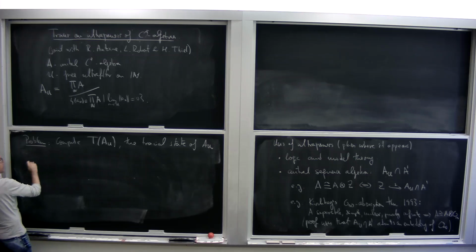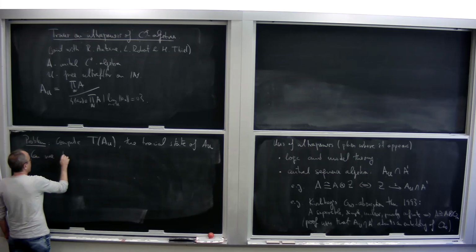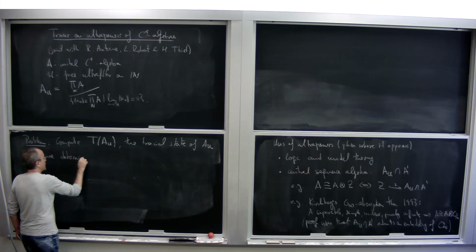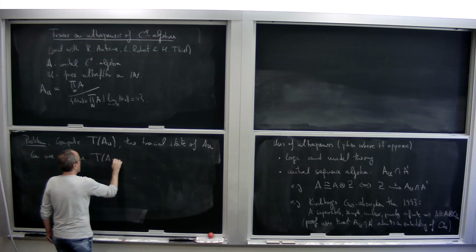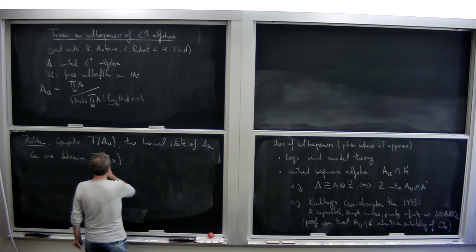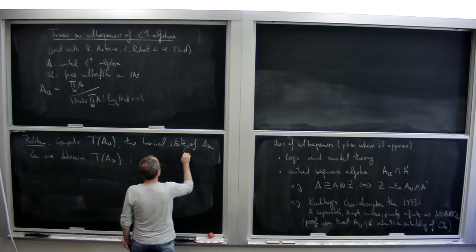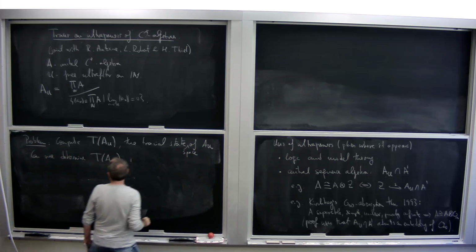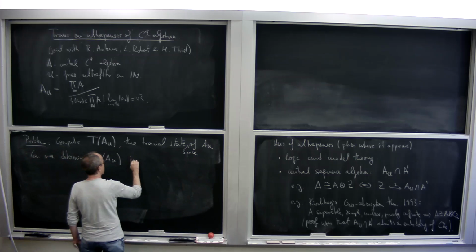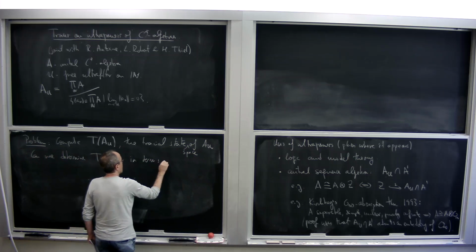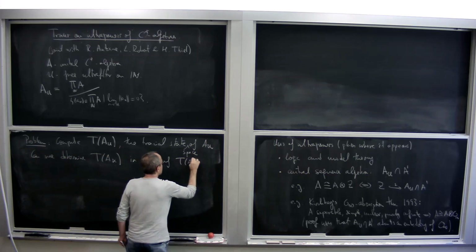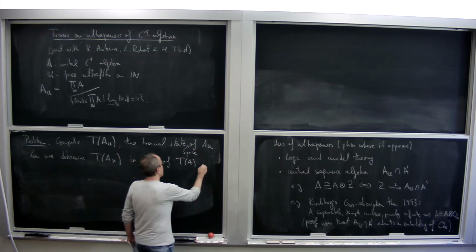More specifically, can we determine the tracial state space of this ultrapower in terms of the tracial state space of A and the ultrafilter?